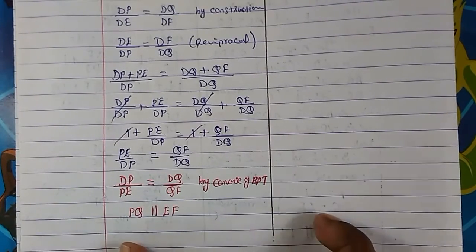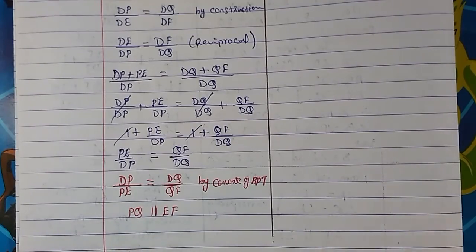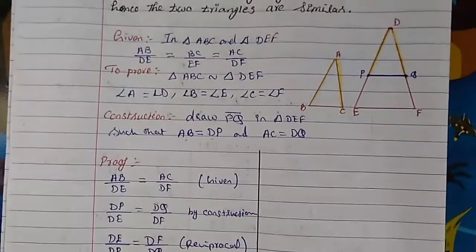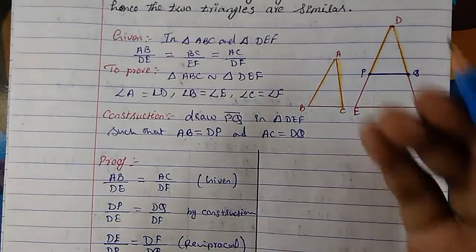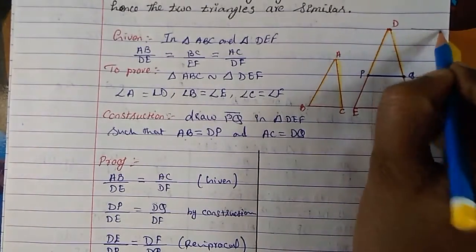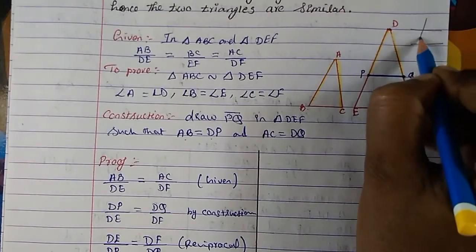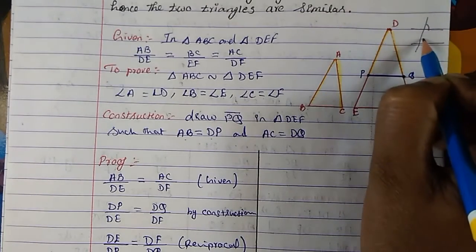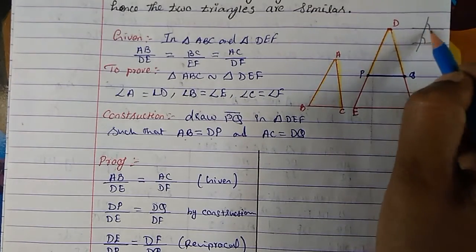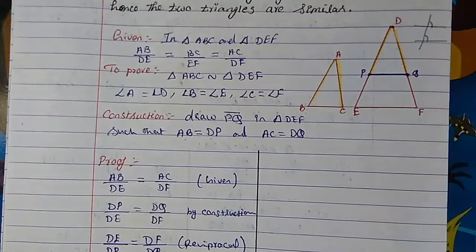Okay, so if these two lines are parallel, when two lines are parallel and a transversal goes through, then, as you have studied in smaller classes, these angles become corresponding angles, and we know corresponding angles are equal to each other.